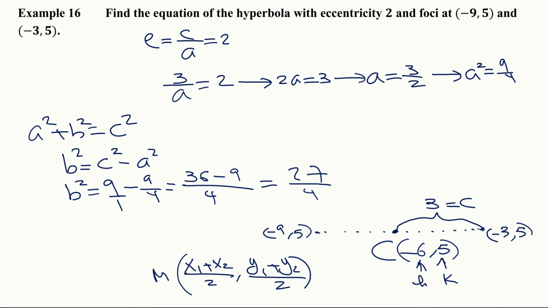So we have enough information to write our equation, because we know it's a left-right hyperbola, so it's going to be of the form x minus h squared over a squared minus quantity y minus k squared over b squared equals 1.